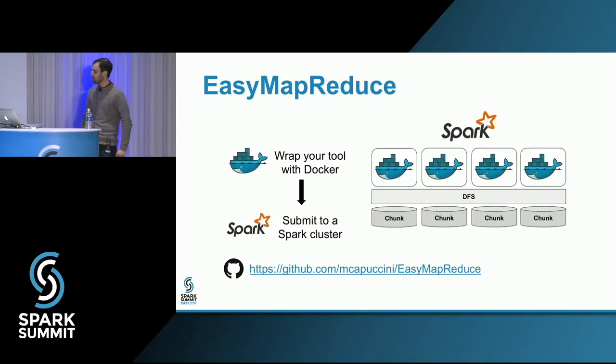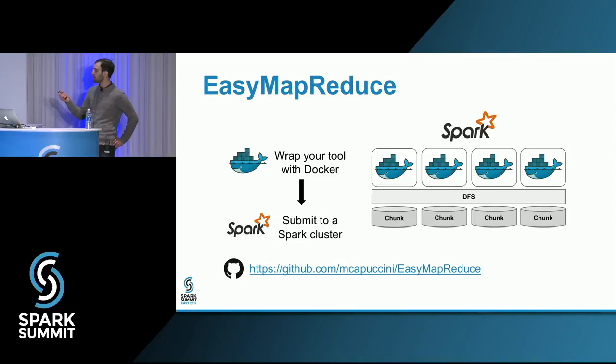So what is the idea with EasyMapReduce? The idea is that you will get your tool, you will wrap it in a Docker container, and then you will use the EasyMapReduce API to define your computation in terms of map and reduce operations. And then you submit it to a Spark cluster like any other Spark application.